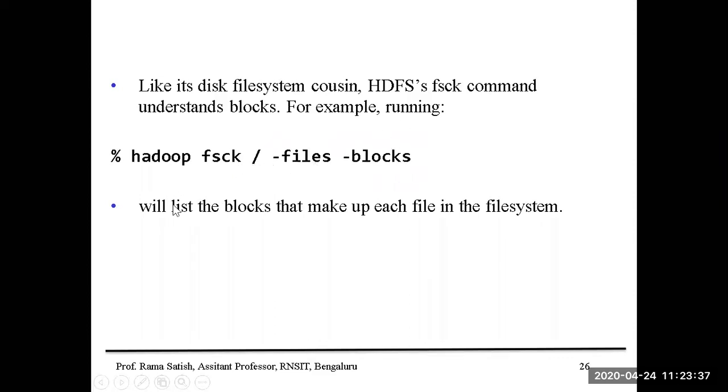It will list all the blocks that make up each file of the file system. This is the command. And anyhow, we'll discuss HDFS commands in our upcoming classes. So this is one command that will certainly display this.